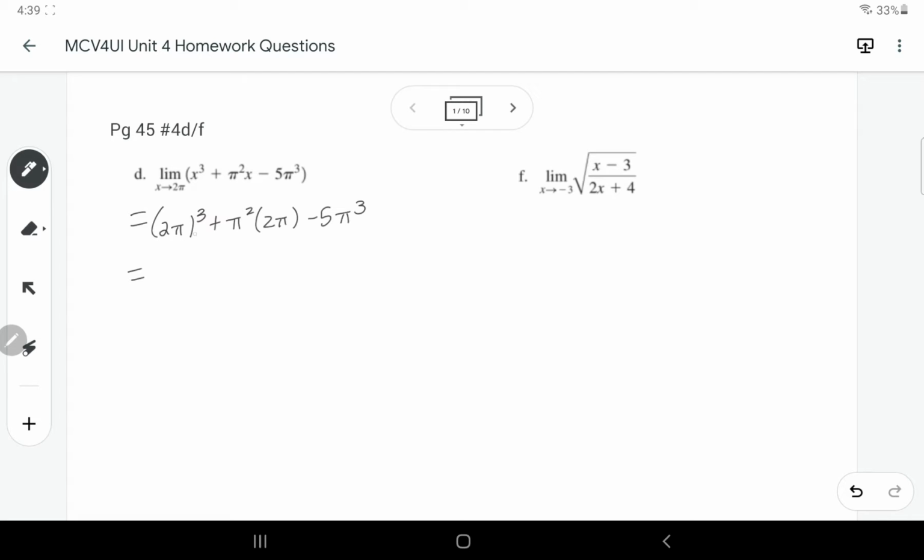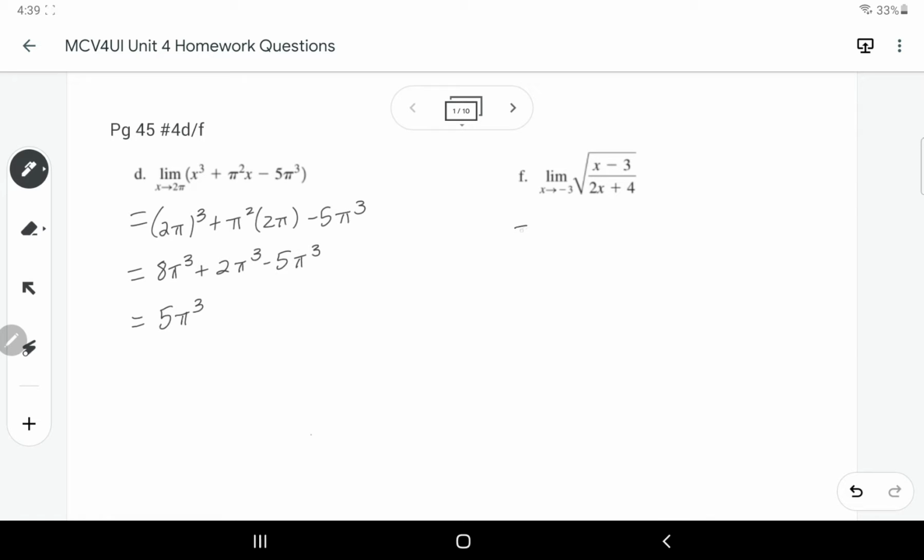We have to make sure we're careful to cube that whole 2 pi, so it's 8 pi cubed plus pi cubed times 2 minus 5 pi cubed, and then 8 plus 2 take away 5, we've got 5 pi cubed. It is a little bit weird to have pi squared or pi cubed, but you can just solve that directly by substitution.